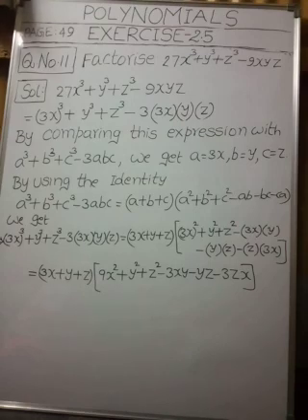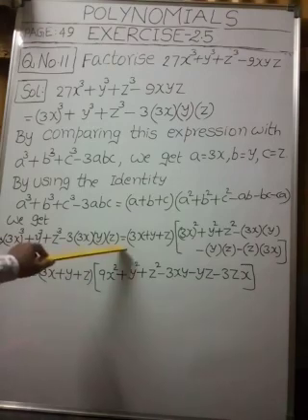Okay, my dear children? According to the situation, we have to use small brackets when we are replacing a variable by a number or replacing a variable by another variable. Here I did not use small brackets. Here I used the small brackets. Understood the difference, my dear children?